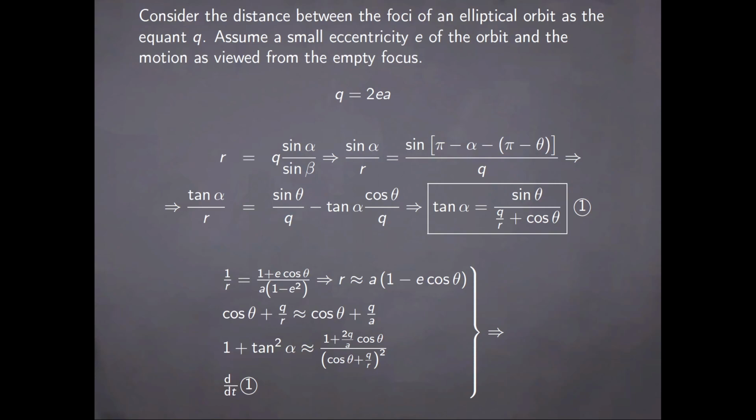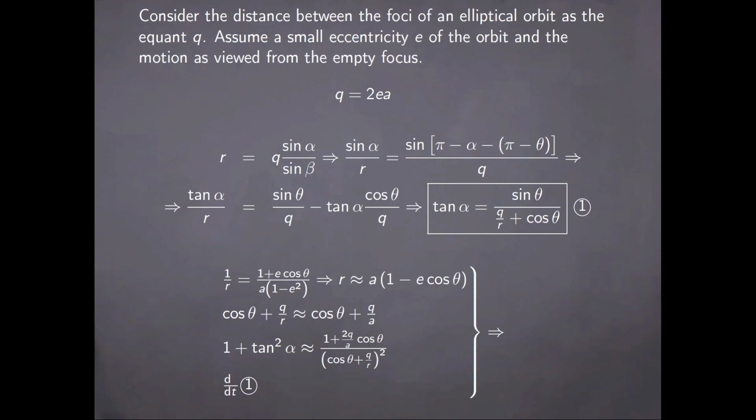First of all, if we write the general orbit equation and take into account that e is assumed to be small, then we can write this approximate expression for r, which follows immediately by solving this for r and using a Taylor expansion for the small denominator here.